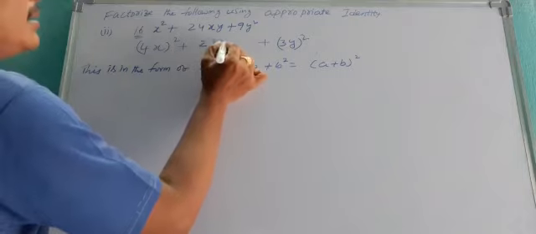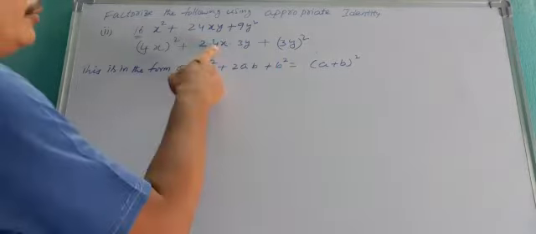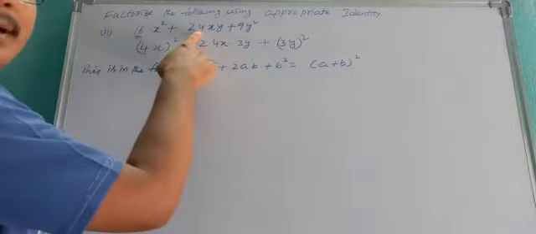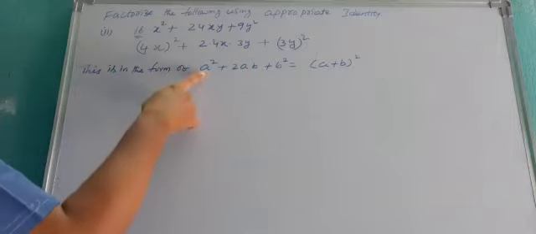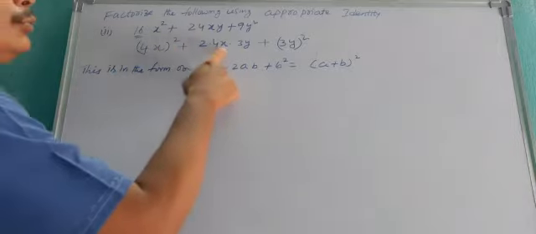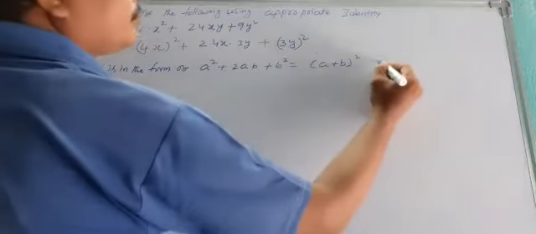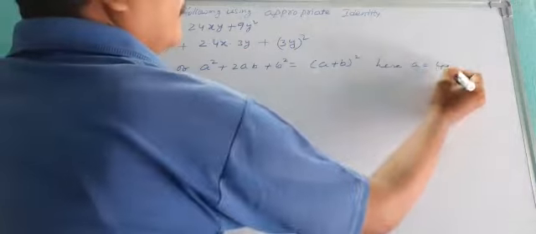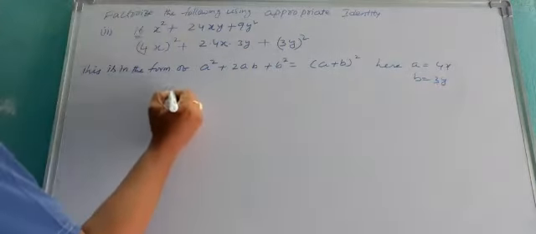Now you observe: 4 2s are 8, 8 3s are 24xy. Now this is in the form of a square plus 2ab plus b square. Here a equals 4x and b equals 3y. Now we substitute it.